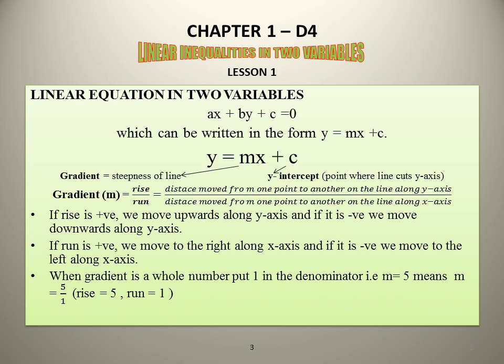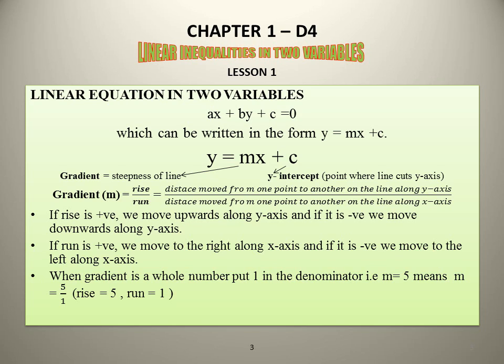When gradient is a whole number, then to make it a fraction, you can put 1 in the denominator. That is, if m is 5, it means m is equal to 5 over 1, where rise is 5 and run is 1.